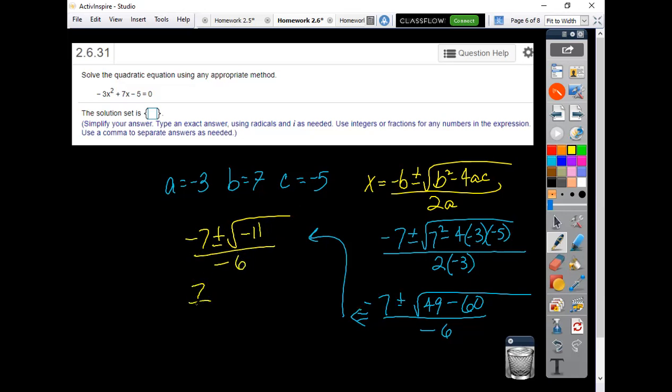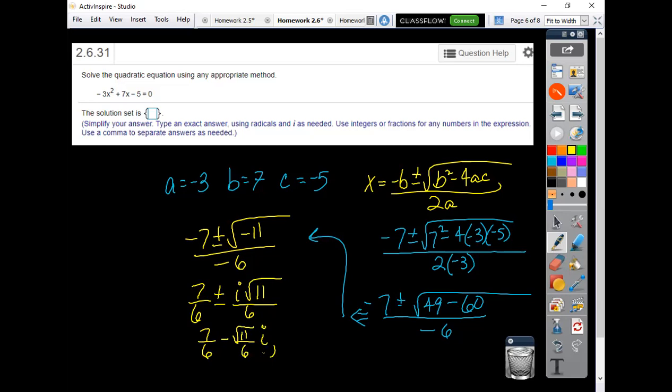So you could have this if you separate it out. 7/6 plus or minus. The negative part is an i, and an 11 over 6. This negative here, and because there's a plus, when the plus would be over that minus, it'd be a minus, but when the minus is over that minus, it'd be a plus, so it's still both of those choices right there.